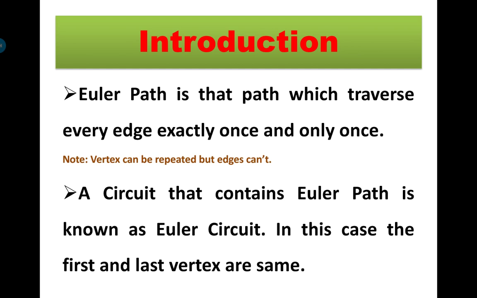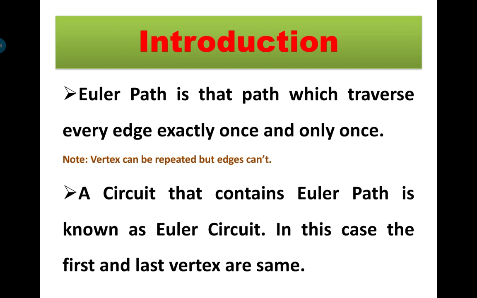So for any circuit, if we have such kind of path in it, that circuit is known as the Euler circuit, okay. That circuit is known as Euler circuit if it has the Euler path. Now we have the closed loop circuits, and in the closed loop circuit the starting node and the end node are the same, okay.